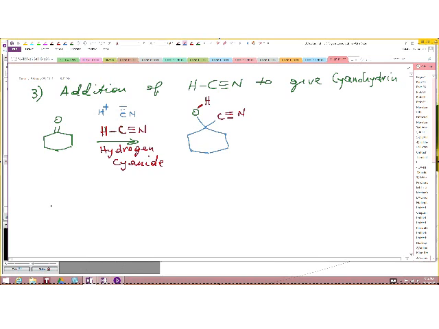So in essence, this is the mechanism for this reaction. Just a simple case of nucleophilic addition. The electrophilic carbon is attacked. The pi electron comes to oxygen. You see that in all of these nucleophilic addition reactions, the mechanisms are basically all the same.